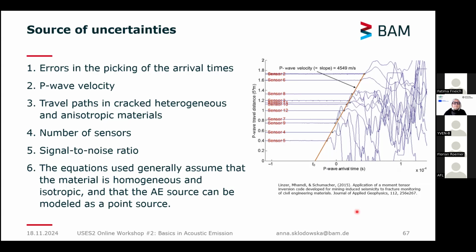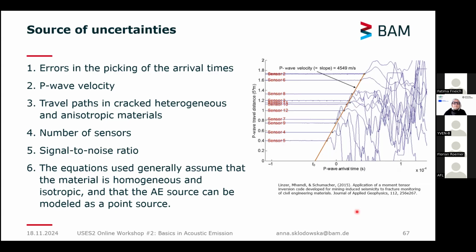Also the P wave velocity, as I said, for example comes from ultrasonic measurements, but with damage accumulation it might change, so it's also important to take it into consideration. We assume in this method that we have a straight travel path, but it's not necessarily true in cracked, heterogeneous, and anisotropic materials.